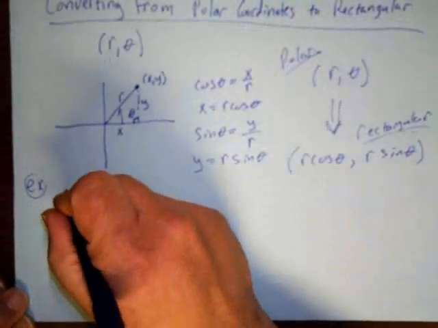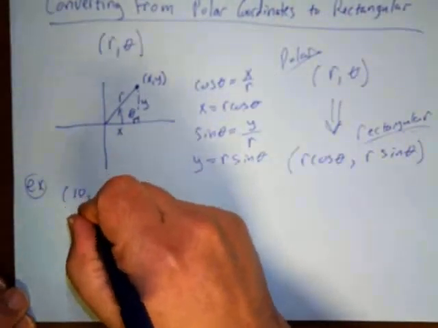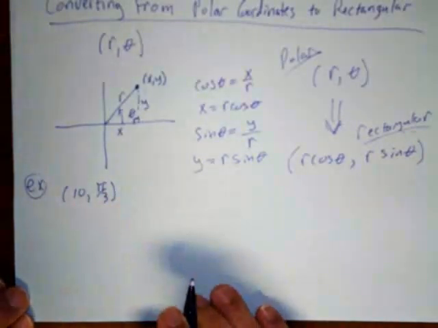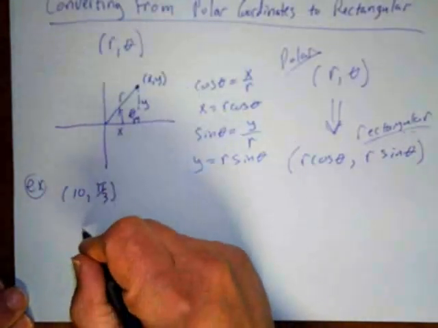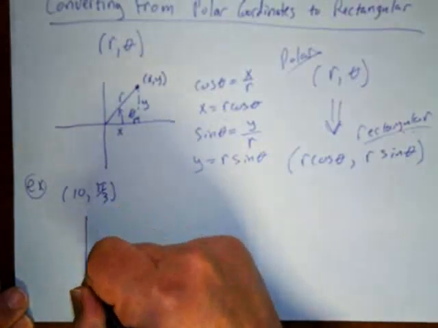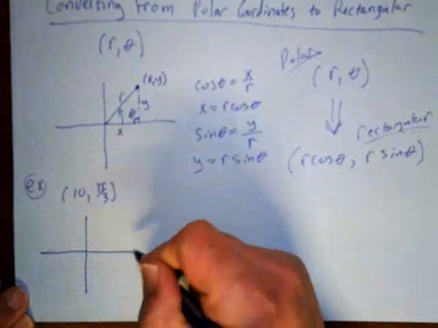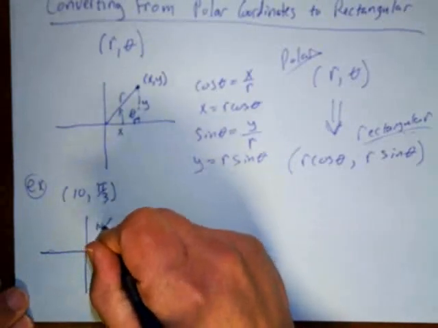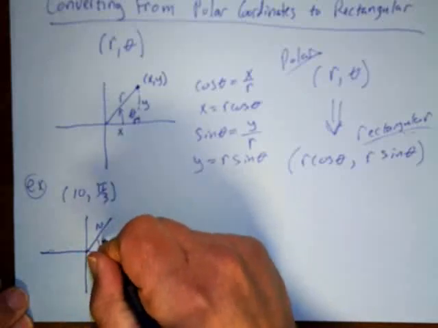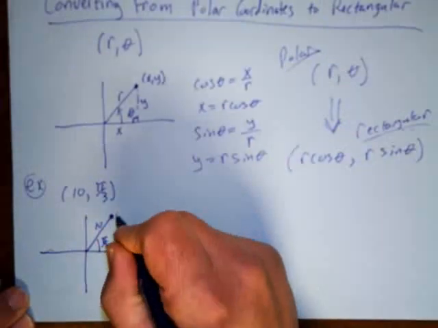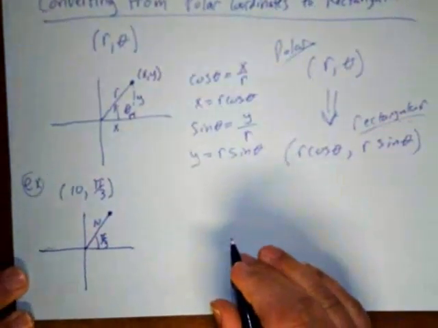Okay, so let's just do a few examples here. Let's say I have 10, pi over 3. We'll say this side is 10, and then this is pi over 3. And I want this xy ordered pair here.